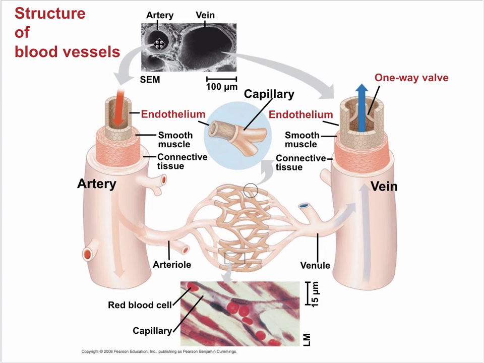And that has to do with the arteries having to carry blood under high pressure. Veins do not. And the veins having this larger lumen, the larger opening, that means a larger volume. And so our veins can sort of serve as a reservoir of extra blood in our circulatory system.